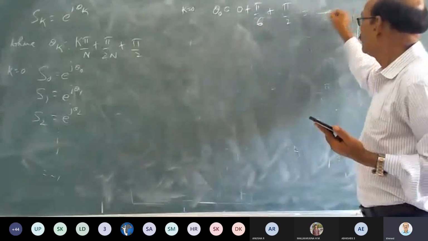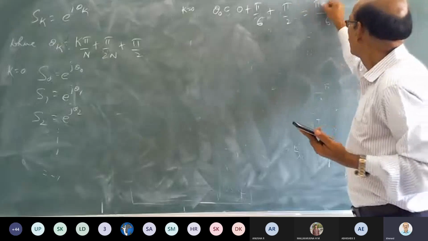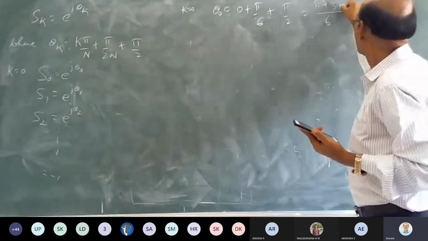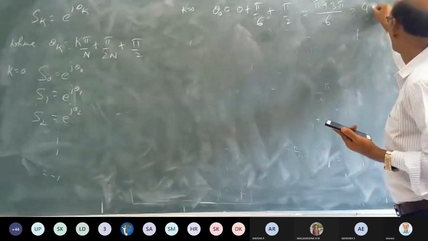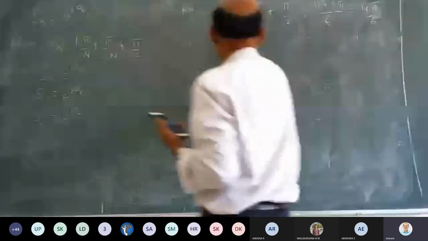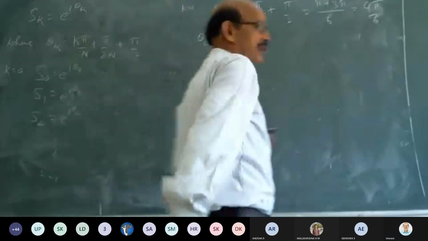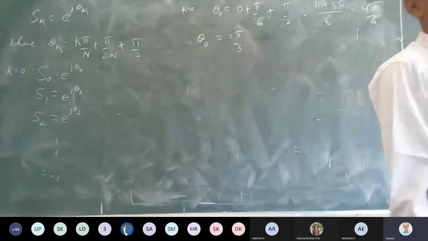If I take the LCM, it is 6, so 4 pi by 6, or simply 2 pi by 3. Theta naught is equal to 2 pi by 3.